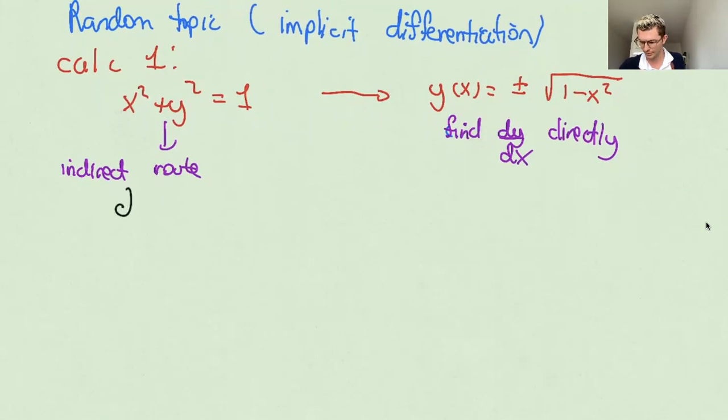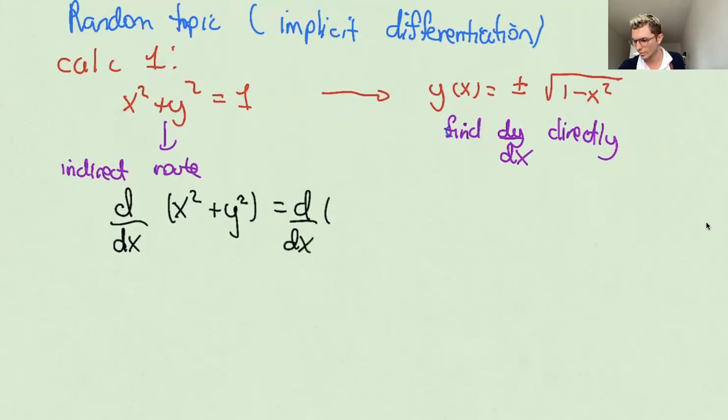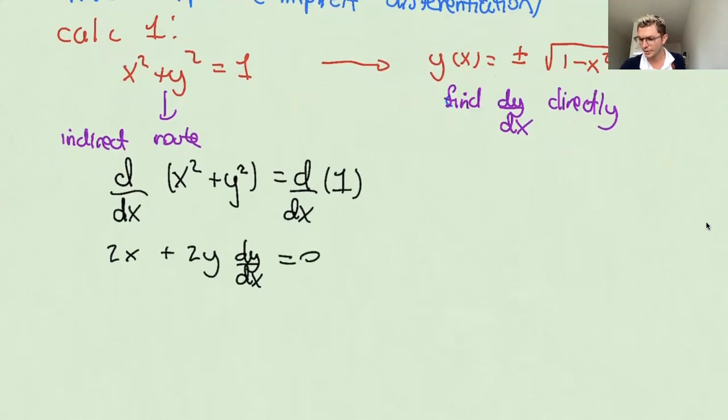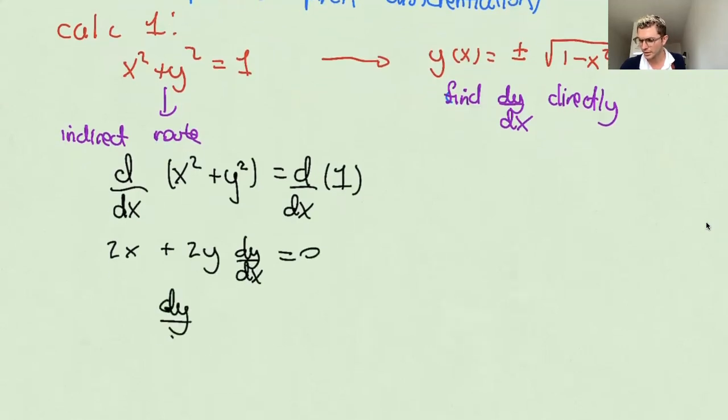I don't know if you remember what you're supposed to do. In this case, you take the derivative with respect to x on both sides of the equation. And after you do that, you get 2x plus 2y dy dx equals 0. And from here, you can solve for dy dx, and it gives you minus what?